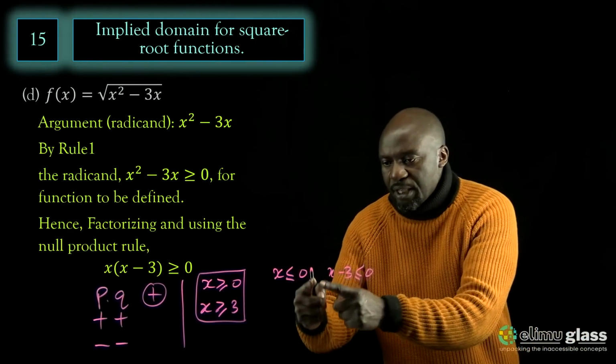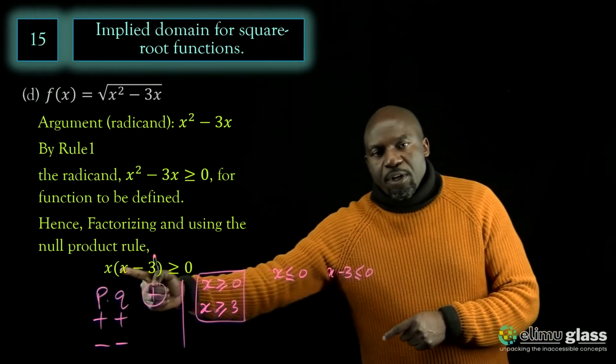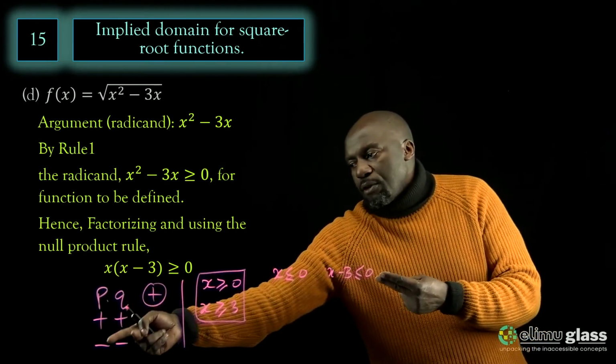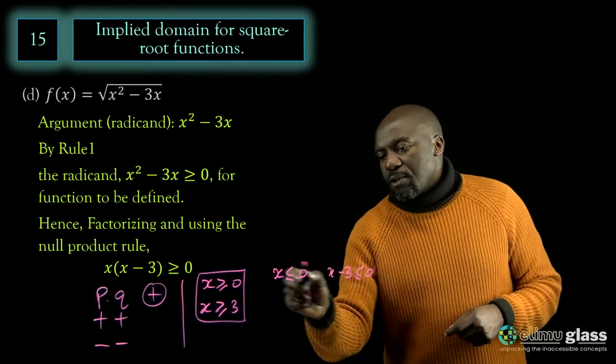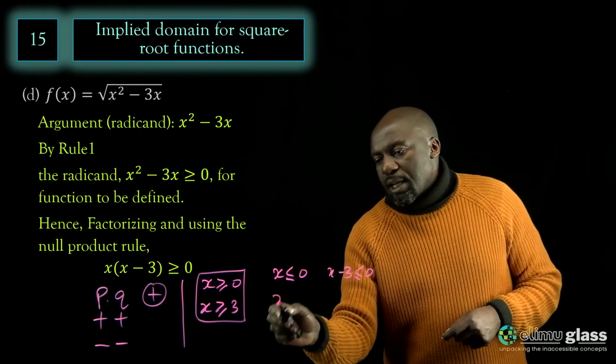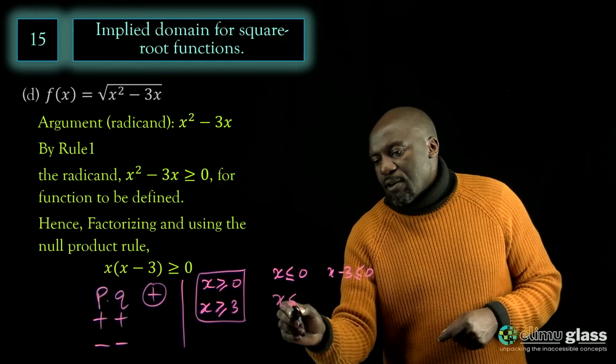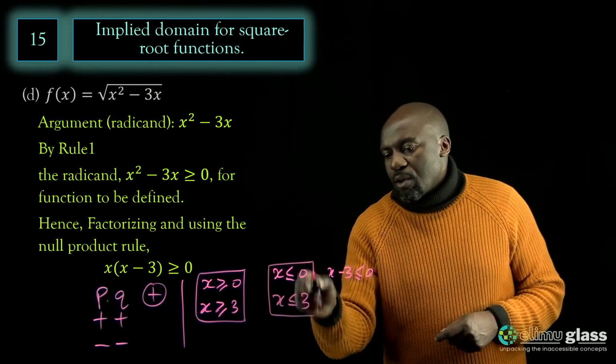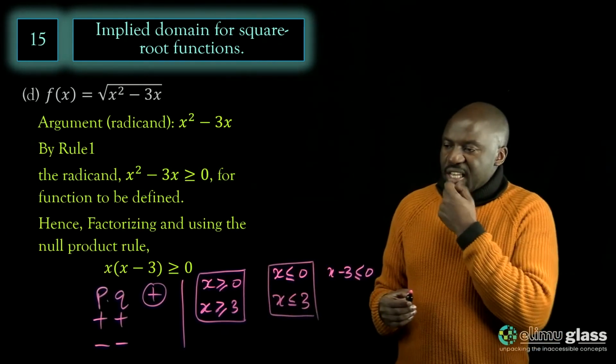When you multiply two negative numbers, you get positive. The product is positive, so the two are either both positive or both negative. This would mean that x is less than or equal to 3. So these are the cases that we have.